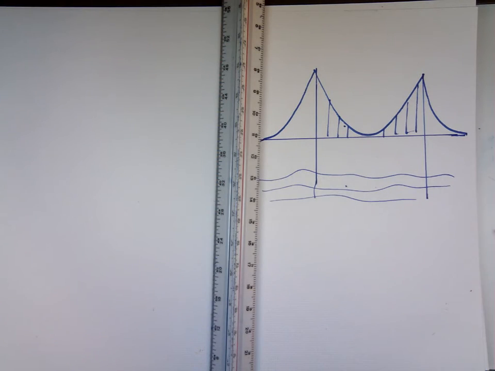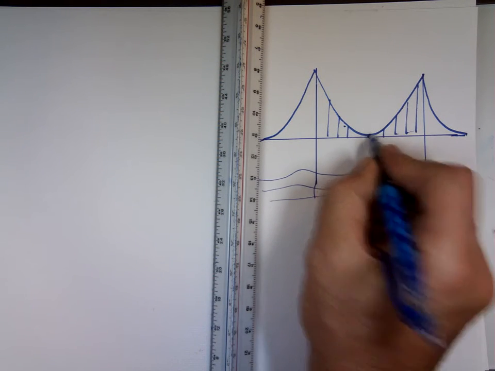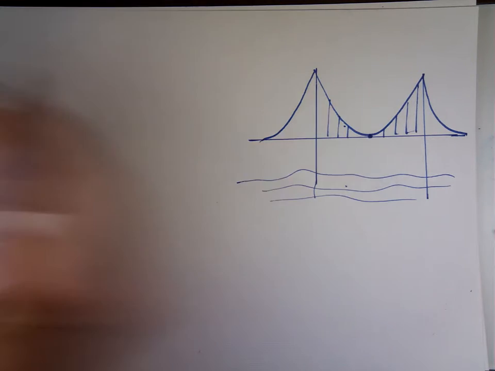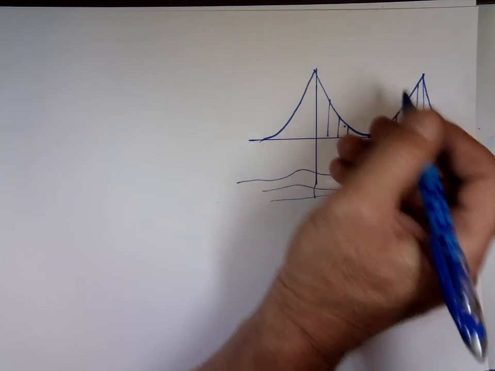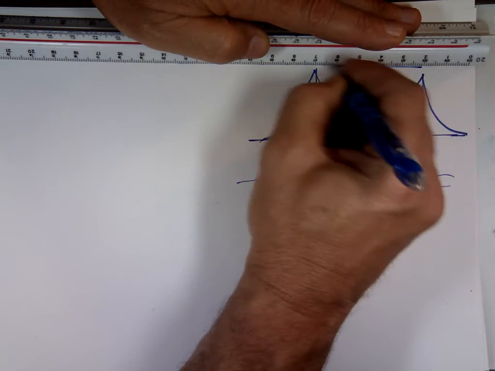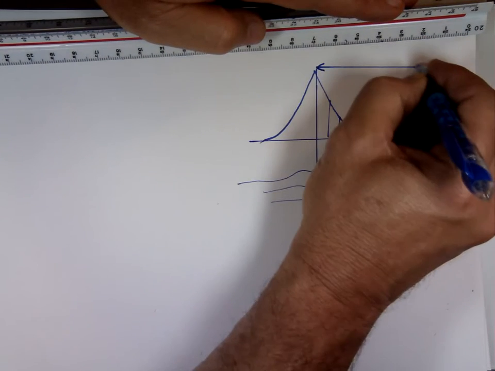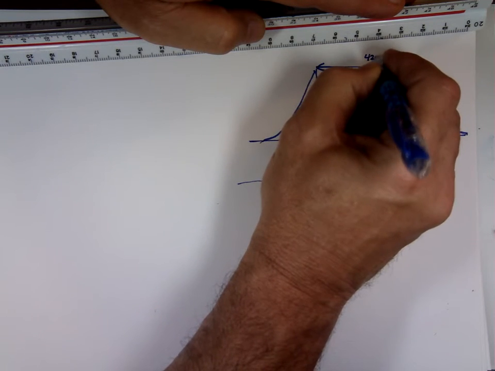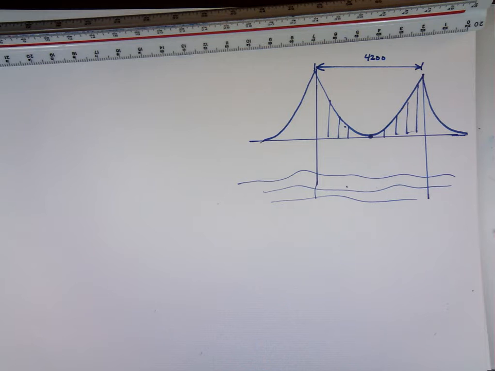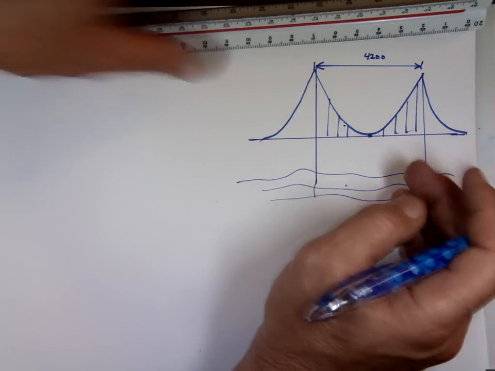This is the center. We know a few things about that bridge. That the distance from this end to that end is 4,200 feet. That distance is 4,200 feet. And we know the height of it is 300 feet above. So this height here is 300 feet.